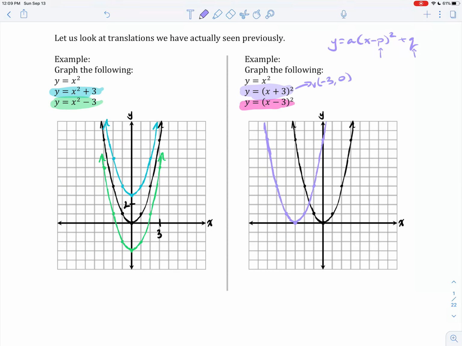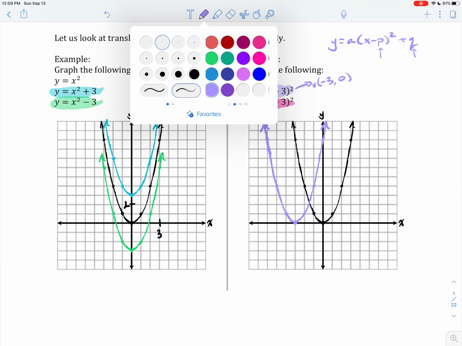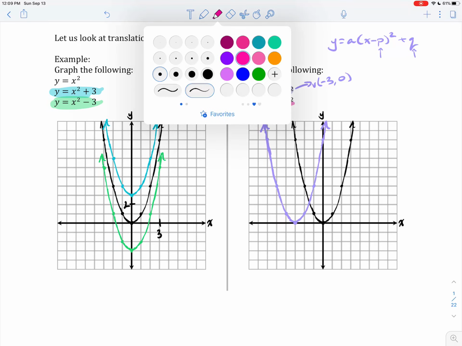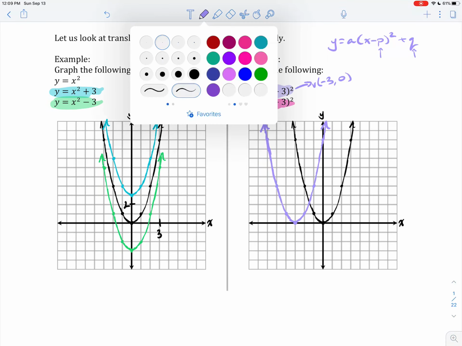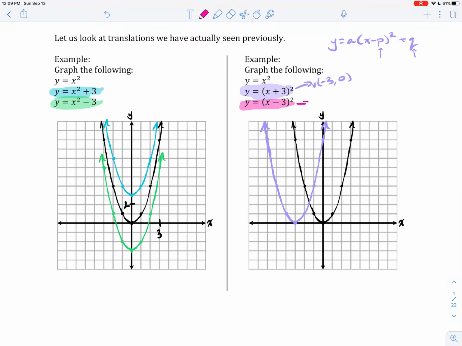It should look neat, it should look tidy. It should look almost as if you care about it. But there's that one. And then this other one. This one will have a vertex at +3, 0. So we're over here.